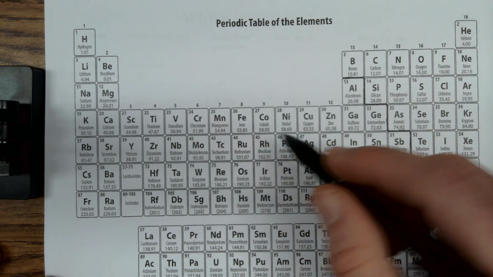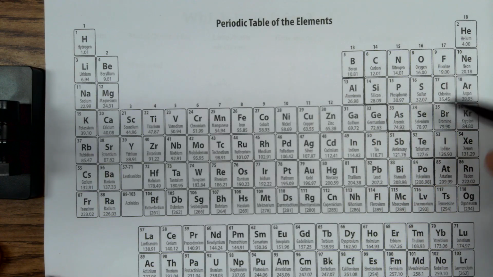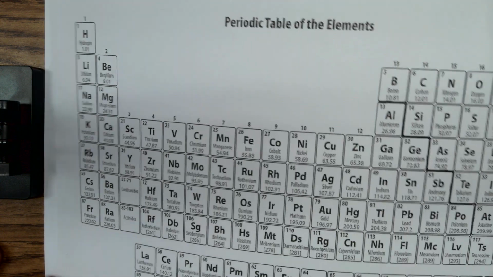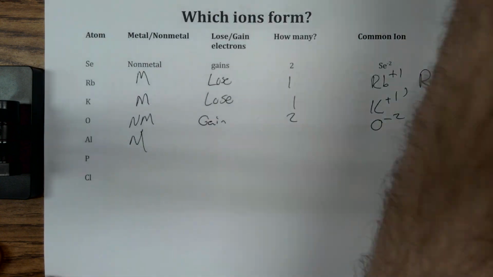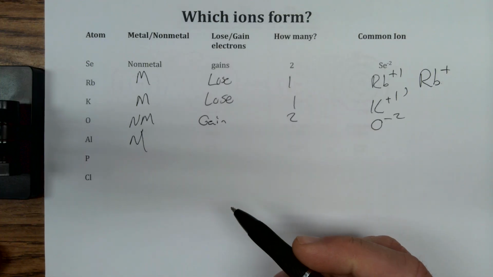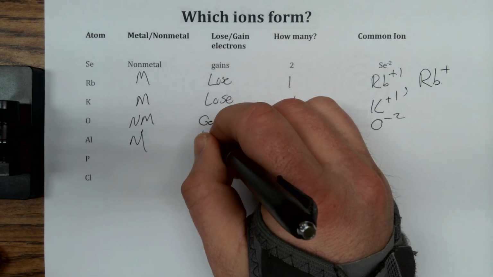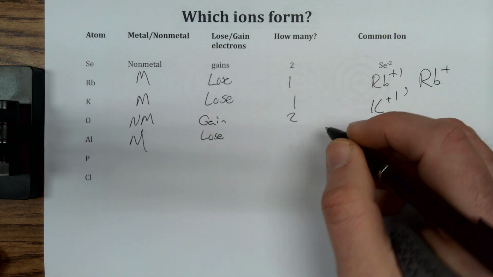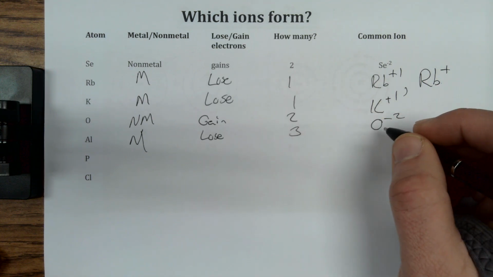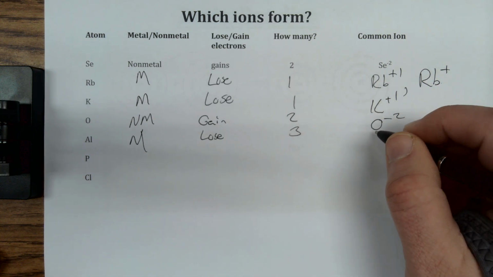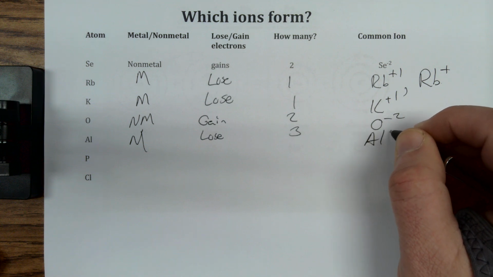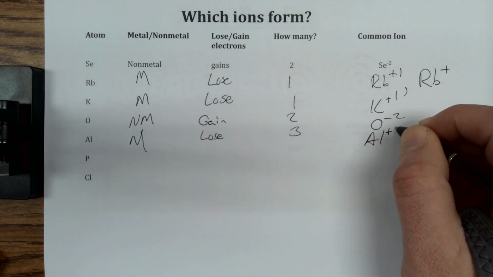So just because it's off to the right doesn't mean that it's a non-metal. Good catch. So because it's a metal, gain or lose electrons? Lose them. How many is it going to lose? 3. It's in group 13, also known as 3A. So it's going to be Al plus what? 3.